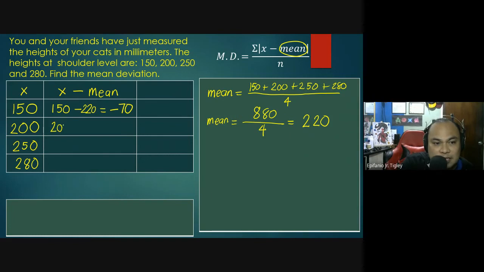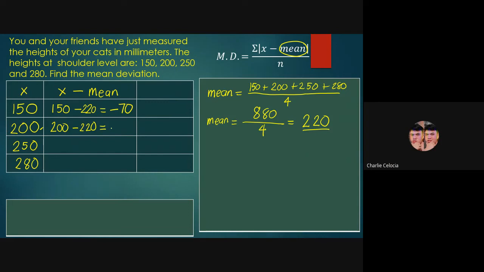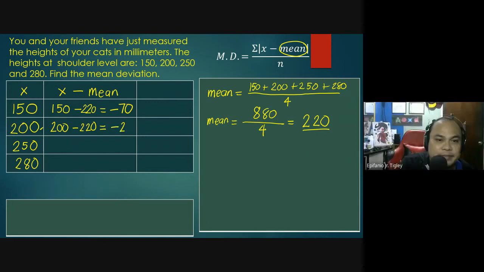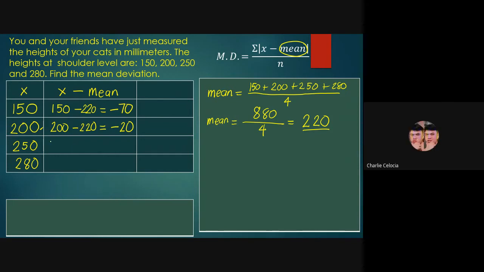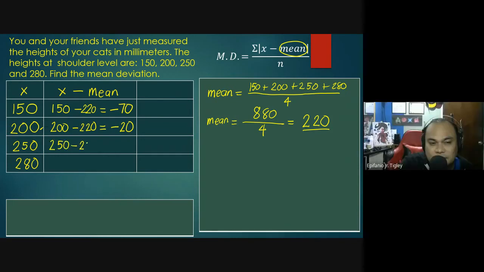Next, 200, which is our next score, minus the mean. The mean is again 220. So what is 200 minus 220? Negative 20. Next, let's continue. 250 minus 220 equals 30.